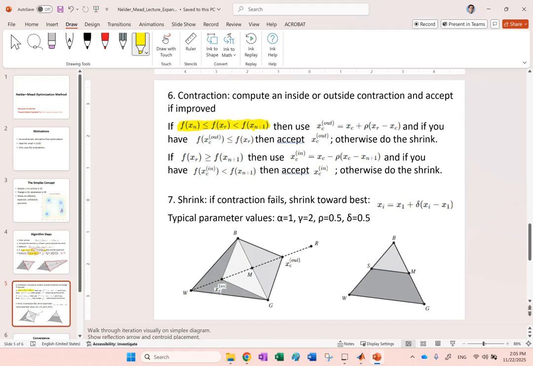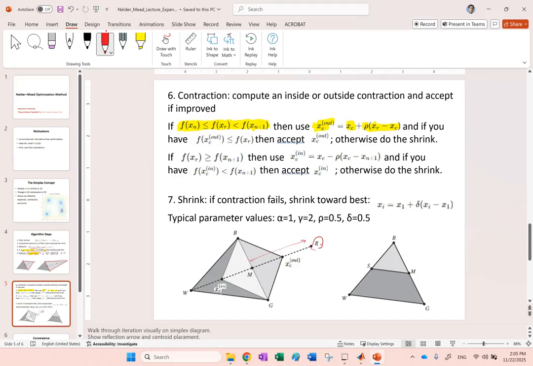If that happens, then you define a new point called the outside contraction point, which is equal to x of the centroid plus a parameter rho times xr minus xc. What does this one do? Well, if you look here, if this is r, instead of staying at r, it says go back a little bit. You went too far in this direction.